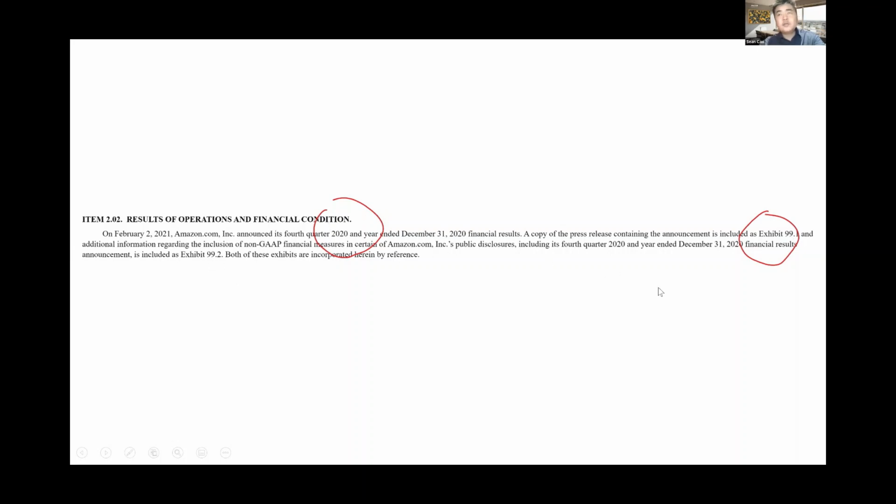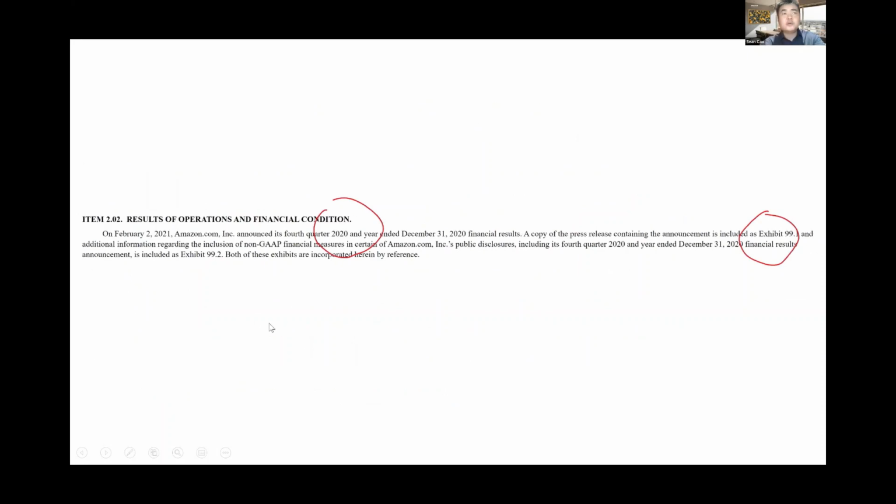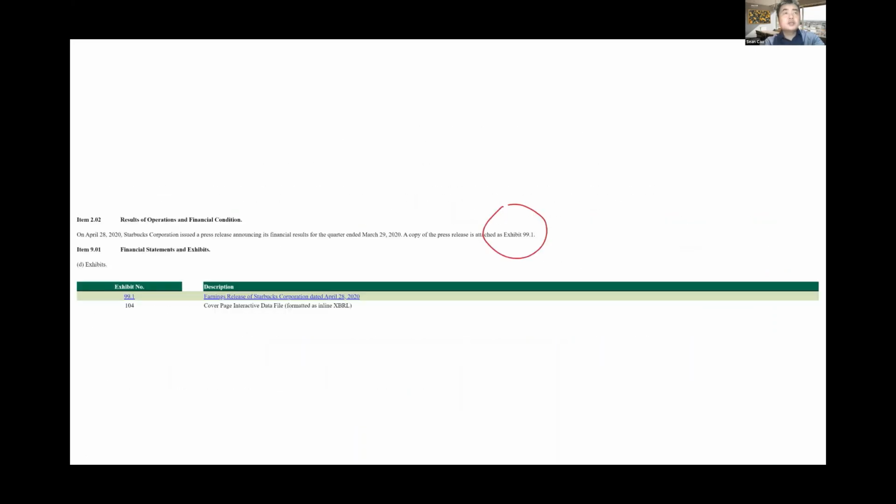Then you go to exhibit 99.1 to get the information to analyze the firm's condition. Okay, those are the two things I want to say about 2.02: more timely information, and in most cases you need to go to the exhibit to analyze the condition.